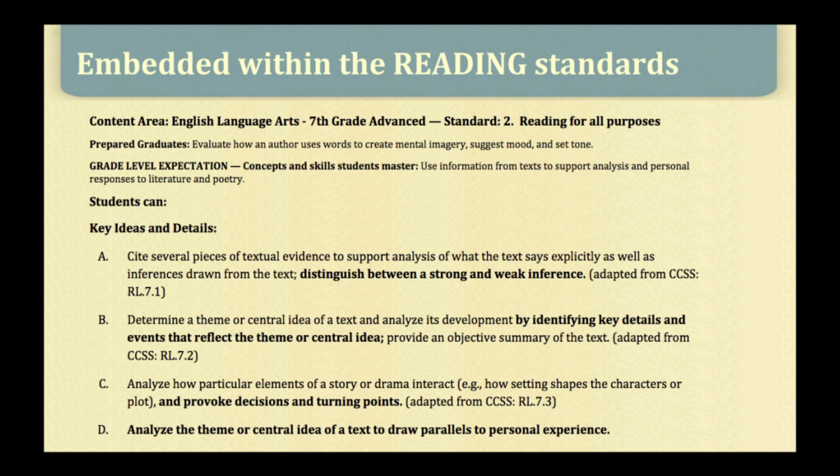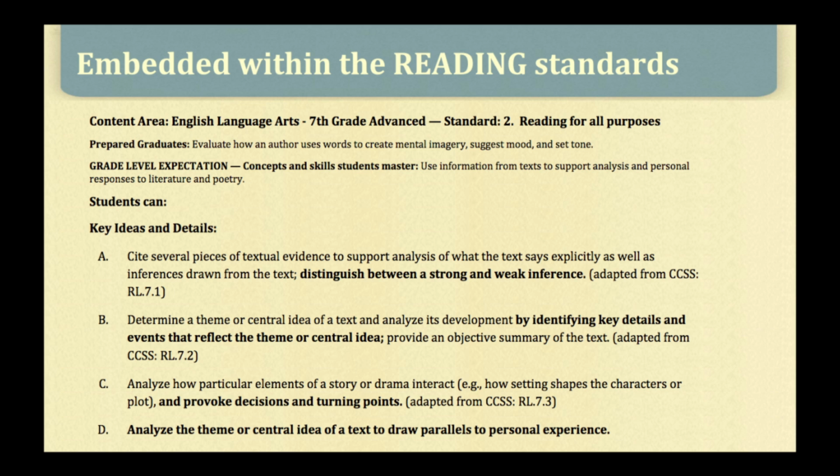And in it, you'll see prepared graduates. Those prepared graduate statements are what we expect students to be able to achieve at the end of their career with us. So that is by the end of 12th grade, we would expect students to have met that prepared graduate standard.